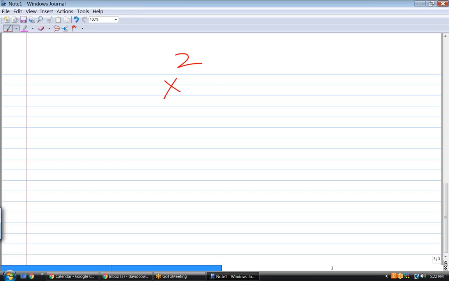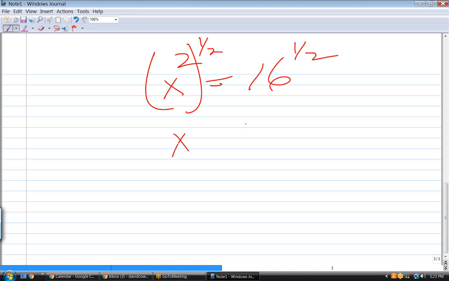X squared equals 16. Now, in order to solve this, I have to take the square root of both sides, which is the same as exponentiating both sides to the 1/2 power. Okay? That leaves x over here, but over here it leaves plus or minus 4.